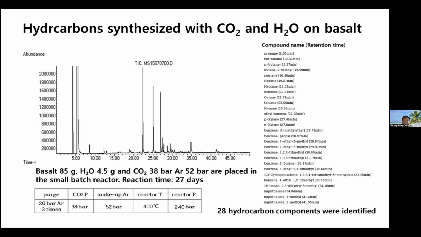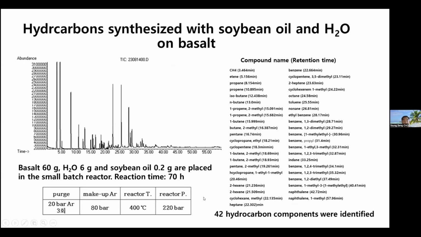And we found 28 hydrocarbon components in this case. This is an example of hydrocarbons synthesized with soybean and water on basalt. We found 42 hydrocarbon components. This was also performed under supercritical condition.